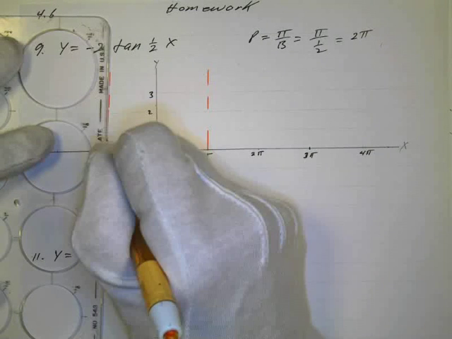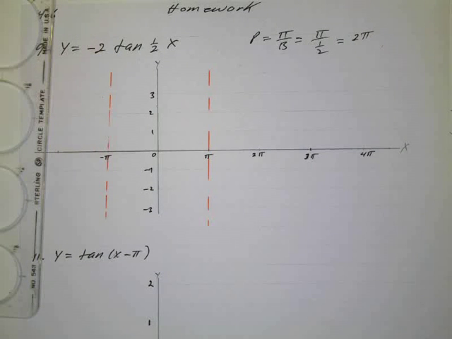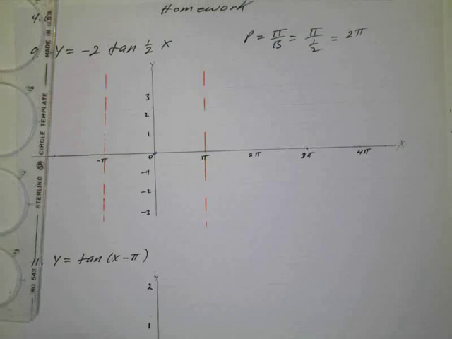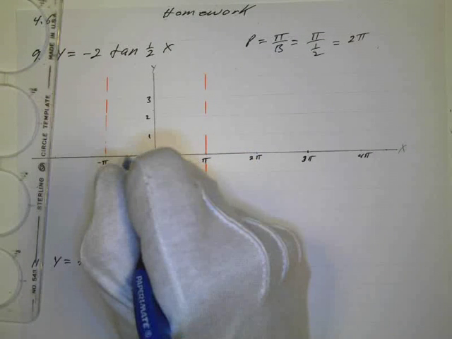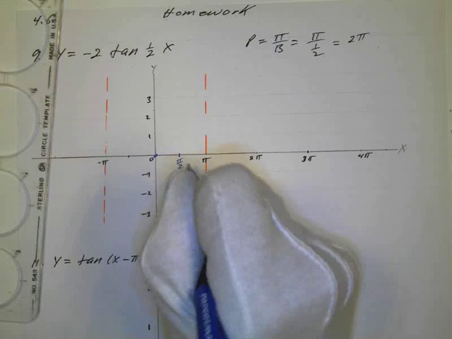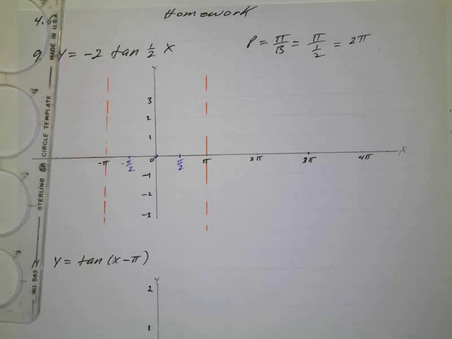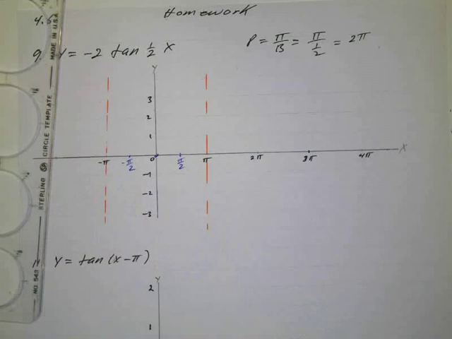Keep it straight. Okay, and then we'll put our 0 in, and let's try to set a checkpoint. So the checkpoint will be right over here at 1/2. So this will be pi over 2, or negative pi over 2. Remember, my period is 2 pi, so I go 1 pi in that direction and that direction.